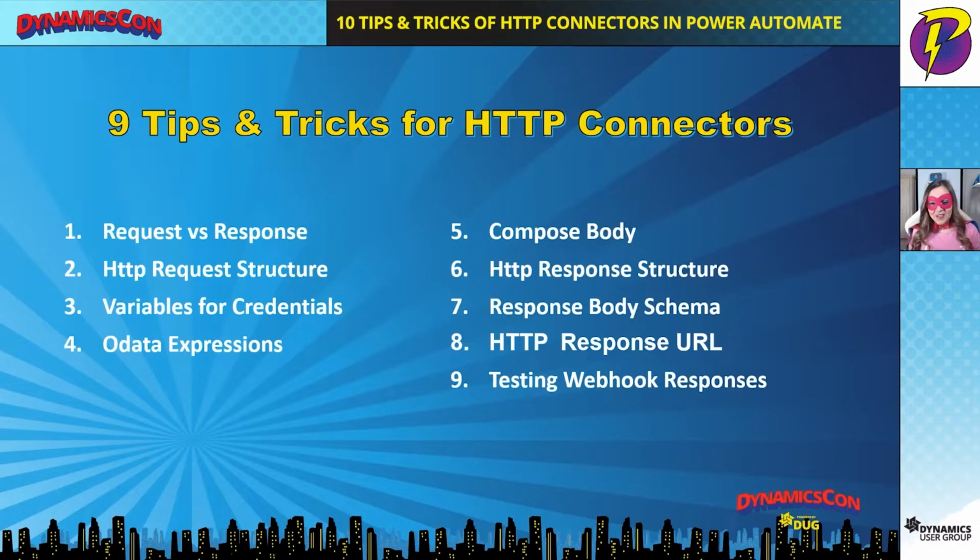But things that we're going to cover. Overall, we're going to take a look at the difference between the HTTP request and response. Then we're going to take a deep dive into the structure of what we're working with in the HTTP request. We're going to take a look at some tips and tricks, right? How do we store our variables? How do we clean our data?